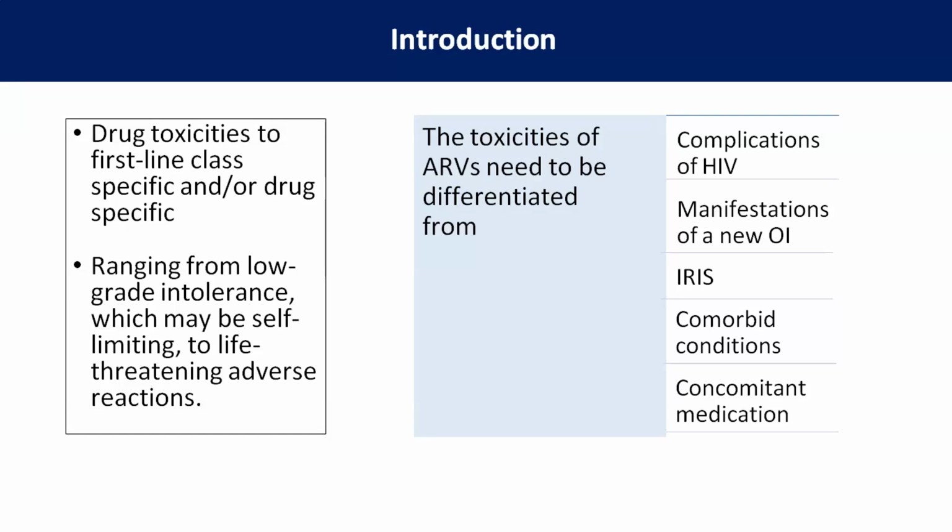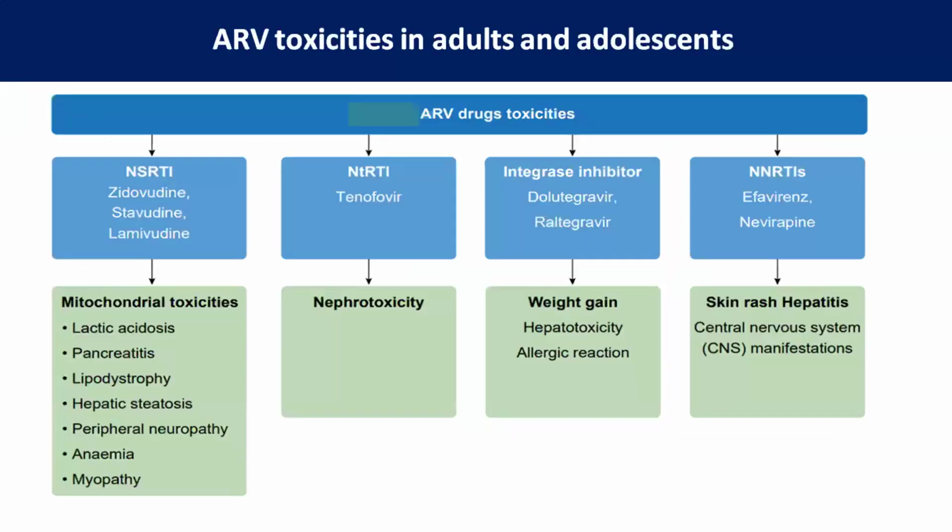You have to identify whether the drugs are the culprit or the disease condition itself may be the symptom producing illness. So that's why it is very important to identify the drug toxicity, particularly antiretroviral toxicities for the adult patients, which I will discuss in this case.